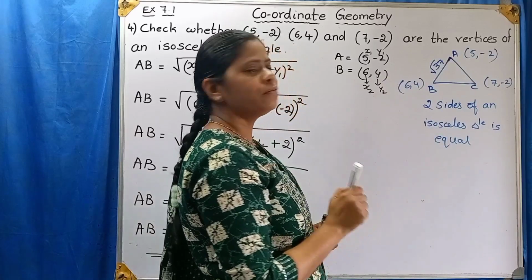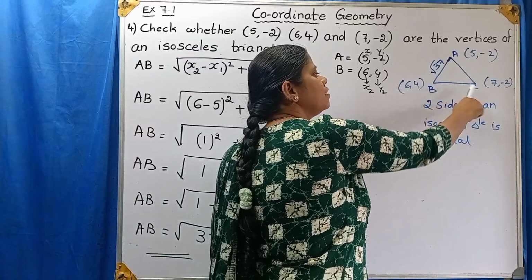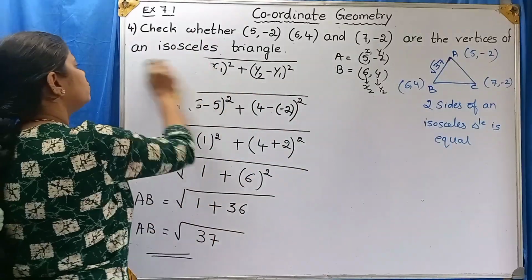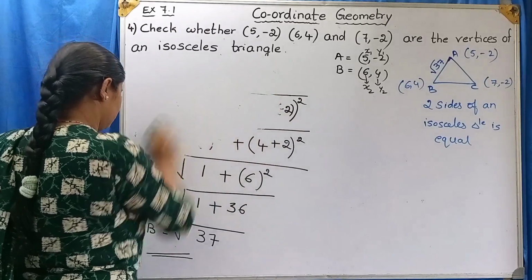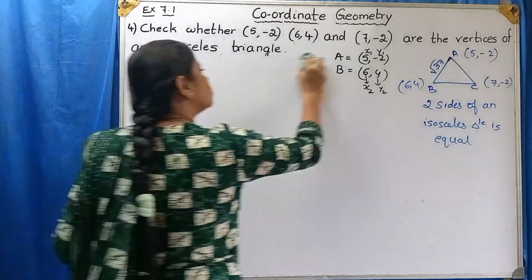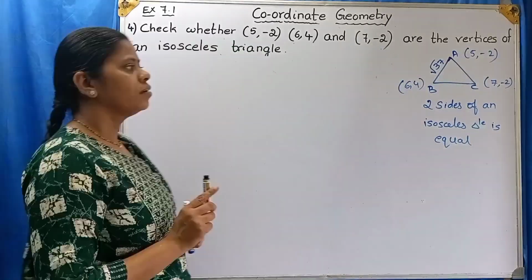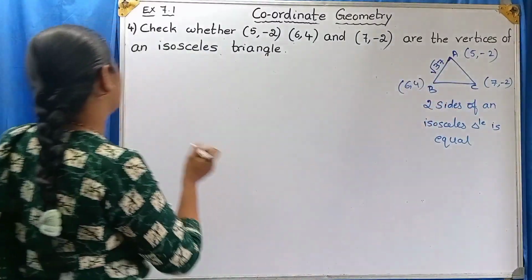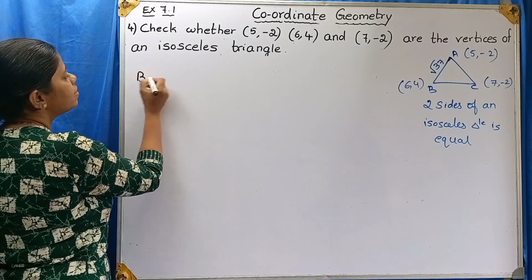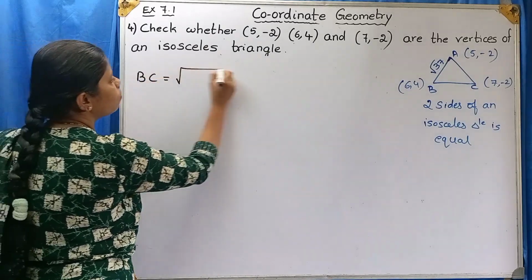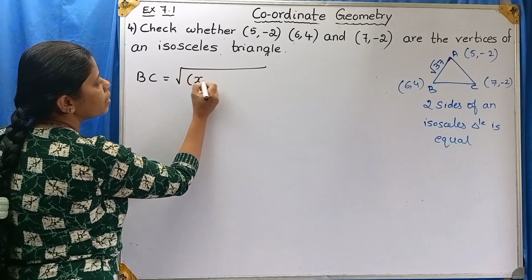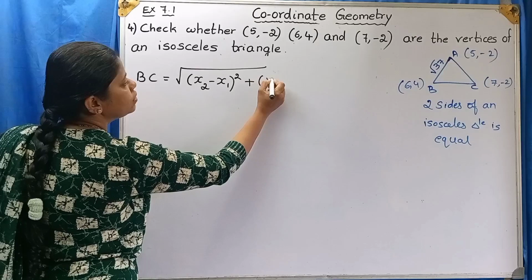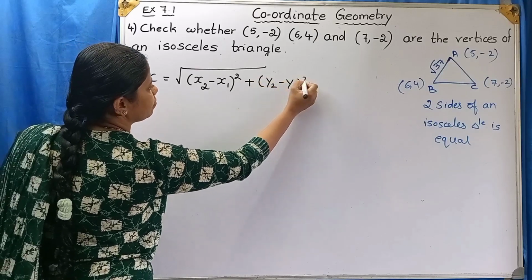Now let us find the distance between BC. You can copy down. BC is equal to the square root of (x2 minus x1) the whole square plus (y2 minus y1) the whole square.